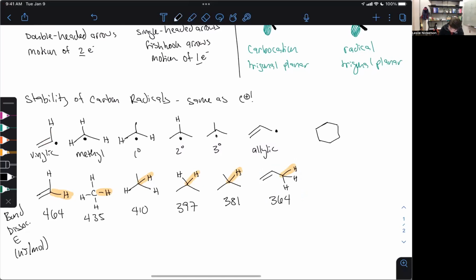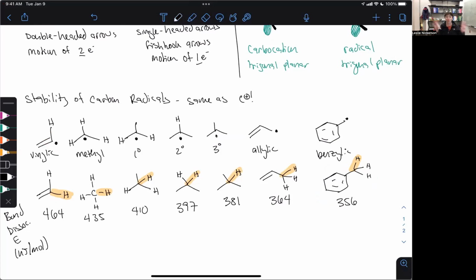And a benzylic radical is going to be even better, and that's going to be at 356 kilojoules per mole.